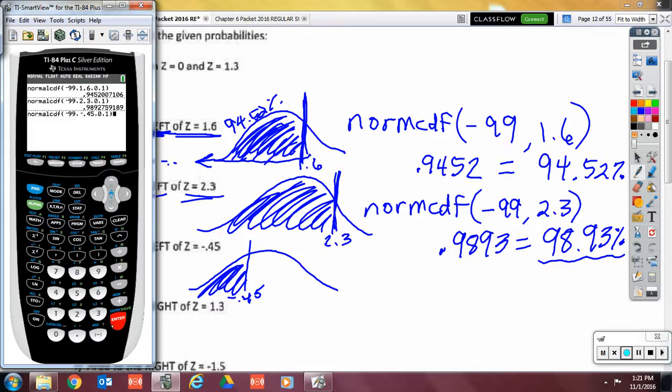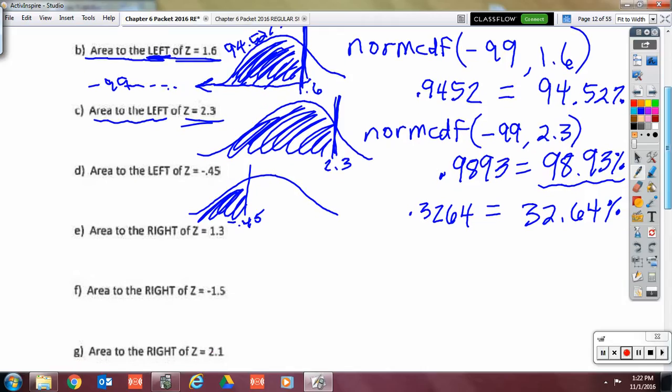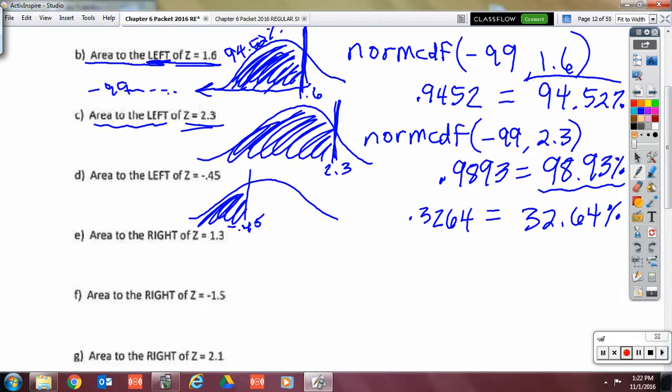Yes, negative 99 is still the lower bound because you're going to the left of that value. 0.3264. So that is how much information? 32.64% of the data.